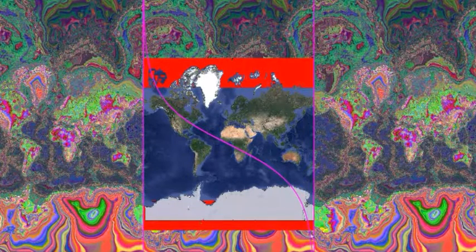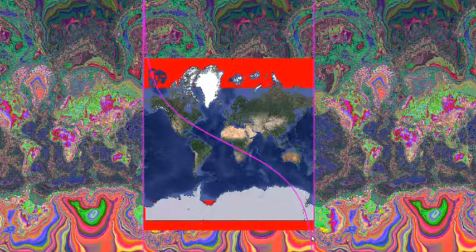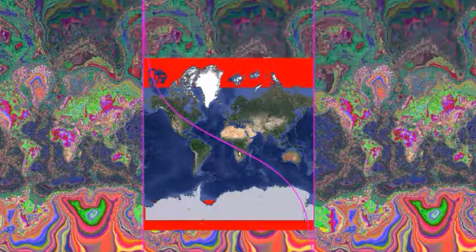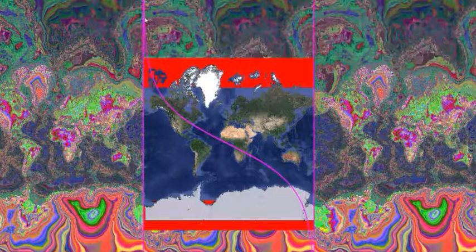Their formula to get latitude longitude into the XY coordinates creates this particular wave, the pink wave you see here.